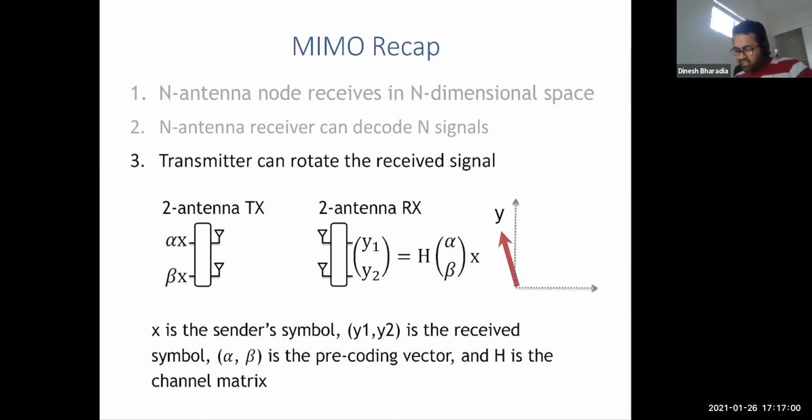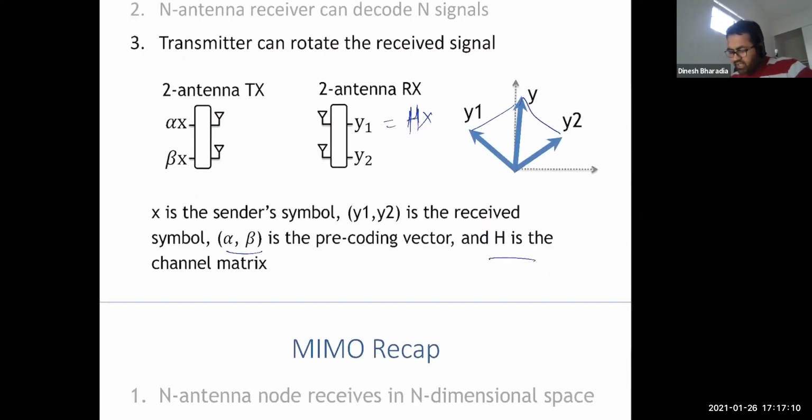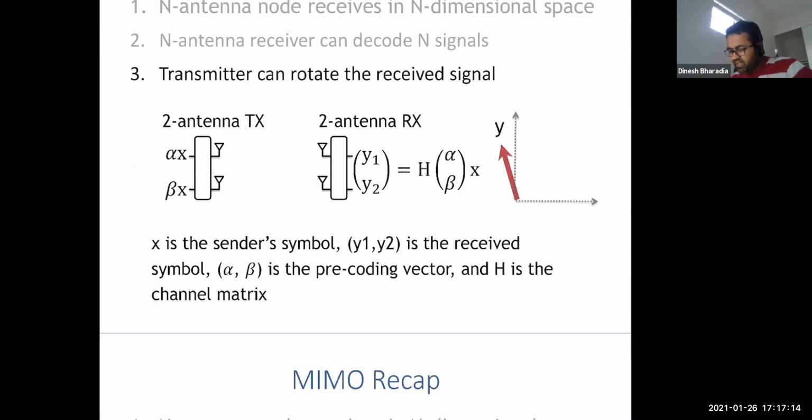We know y1 comma y2 is equal to h comma x. And in this case, x is actually not a single value, rather x1 and x2 here. Let me write it this way. So here that's actually this. What is that saying? This is saying that you can rotate the transmit symbol.